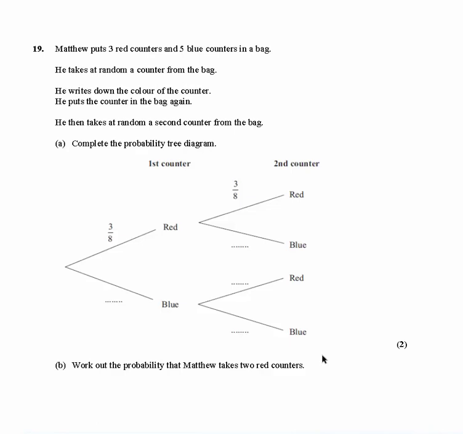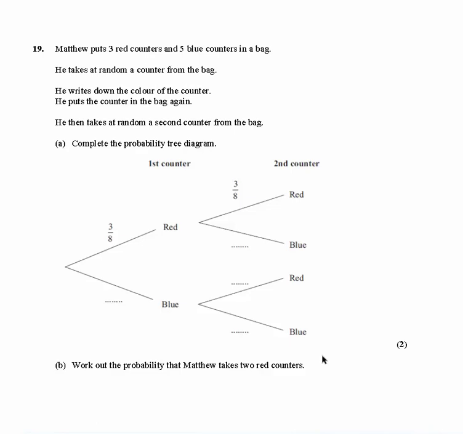So if, for example, we said when we flip a coin, what's the probability that we get tails twice? It's the probability of tails times the probability of tails, a half times a half, which is a quarter. So to find the probability of 2 things happening, you multiply the probability of each of those things together.